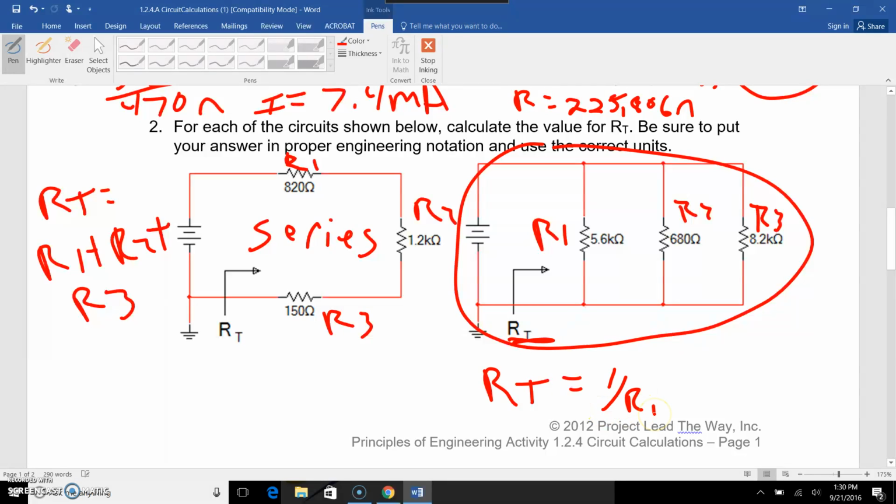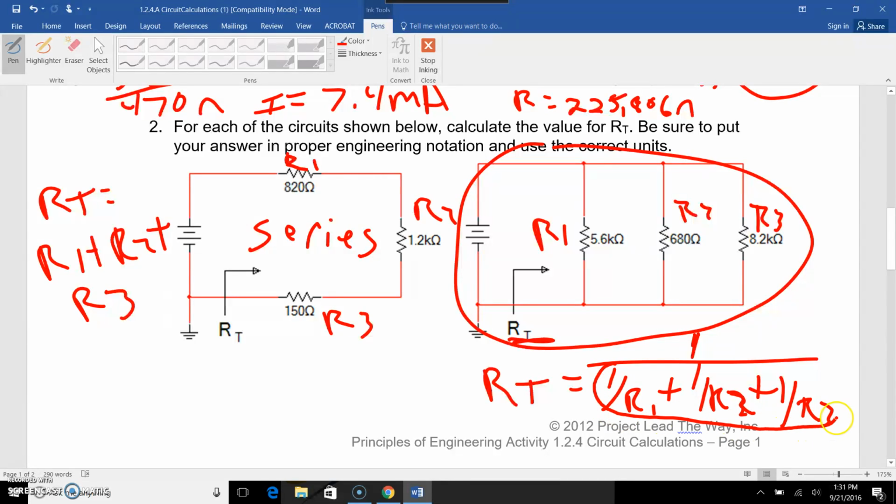The inverse of resistor 1 plus the inverse of resistor 2 plus the inverse of resistor 3, and then 1 over all of that mess. When you're putting it into your calculator, I suggest putting the denominator in first, finding that answer, and then simply doing a 1 divided by that answer to get your total value. So give those two a try, get them corrected if you've not done them correctly.